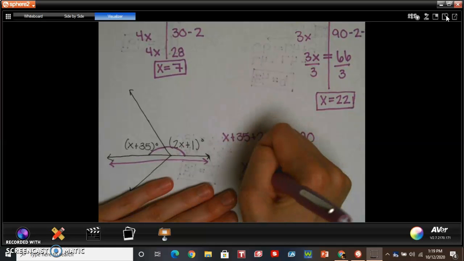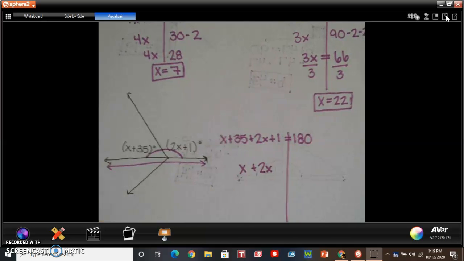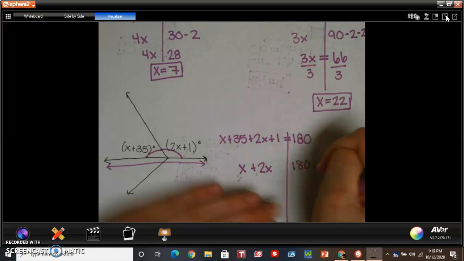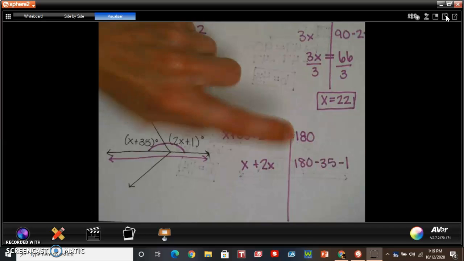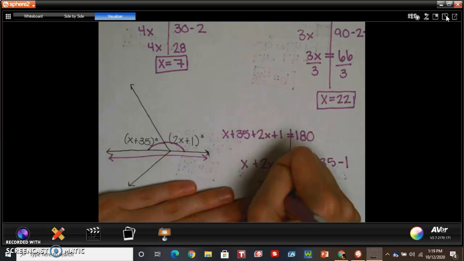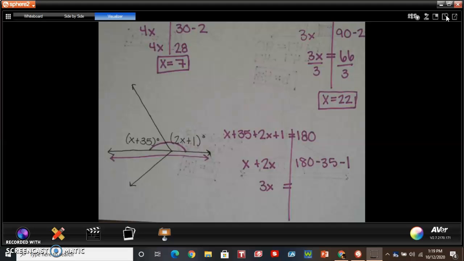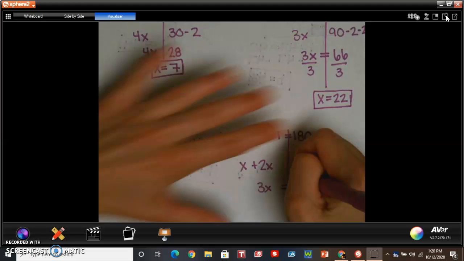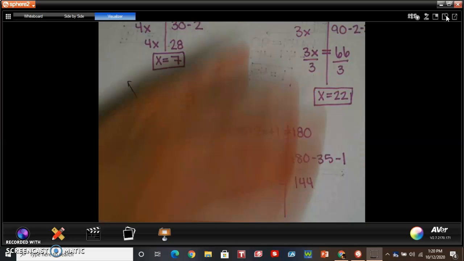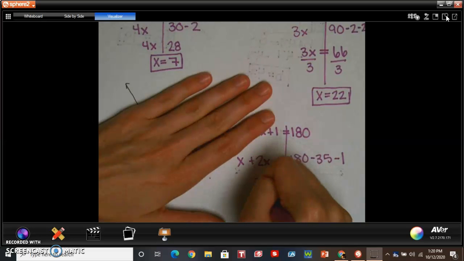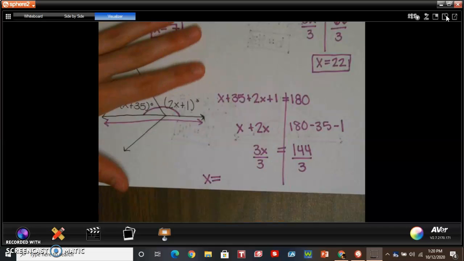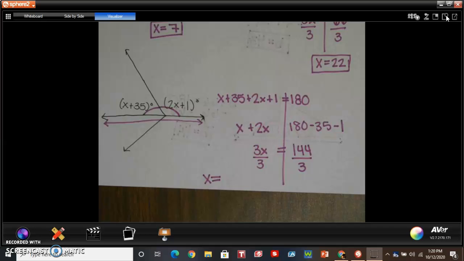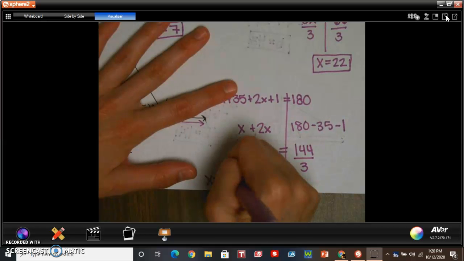We have x plus 2x. Our constants, we have 180 minus 35 minus 1. So this gives us 3x equals 144. Then we're going to divide by 3. And we get our final answer as x equals 48.